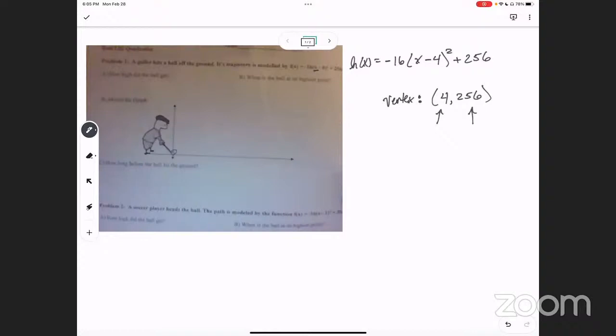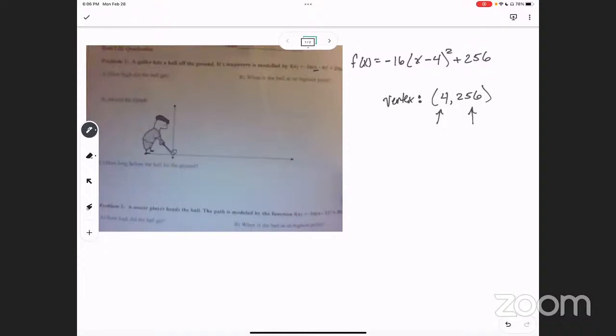I can't read it exactly, but I'm pretty sure that your equation, did it tell you what X and f of X are? Did it tell you what they represent? No. All right. Well, it's going to be 4. I'm sorry, it's going to be 256. And 4 is probably like the time in seconds.